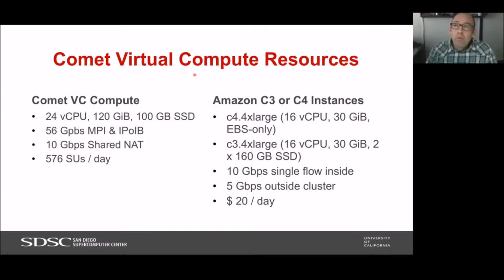If you use those 2 types of instances, you can get what they call advanced networking features, which gives you 10 gigabits per second flow inside your virtual cluster if you use placement groups to set up your nodes, and about 5 gigabits per second outside the machine. Running one of those instances runs you about $20 a day of real money. So that's the comparison straight across on what you could expect to spend on SUs versus cash for a similar type of resource.